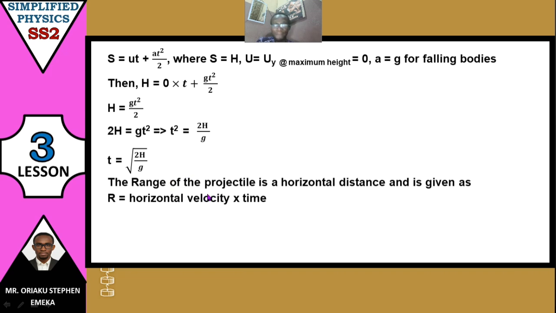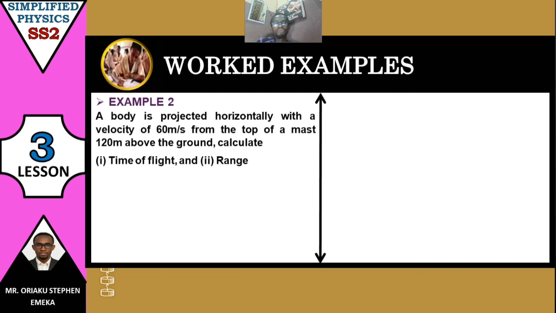Why? Since the horizontal velocity is constant throughout the motion, and distance equals velocity times time. So ux times time, and remember that time is the square root of 2h over g.